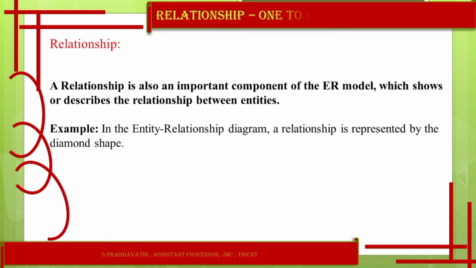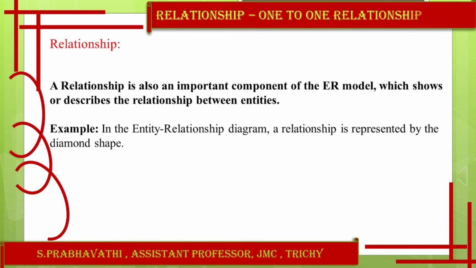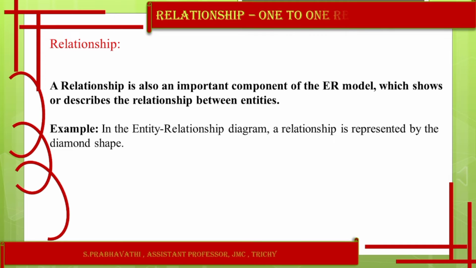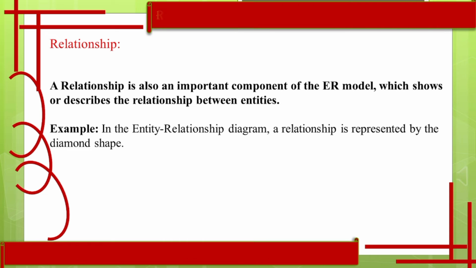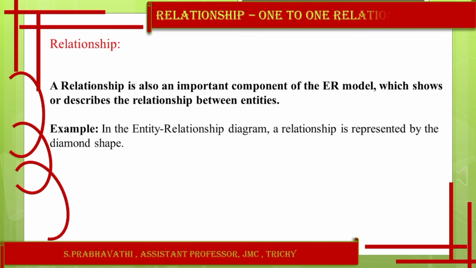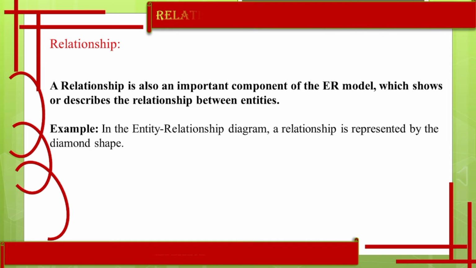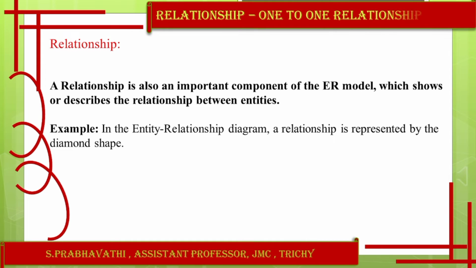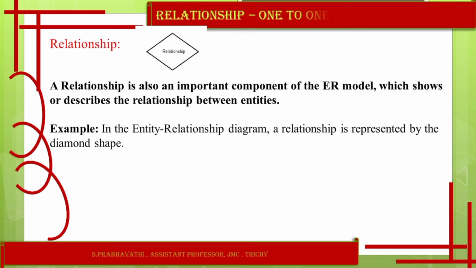Next, relationship is also an important component of the ER model, which describes the relationship between entities. In the entity relationship diagram, a relationship is represented by the diamond shape.